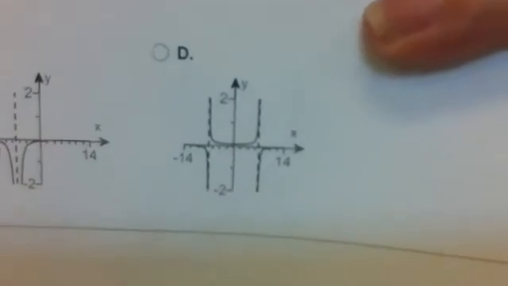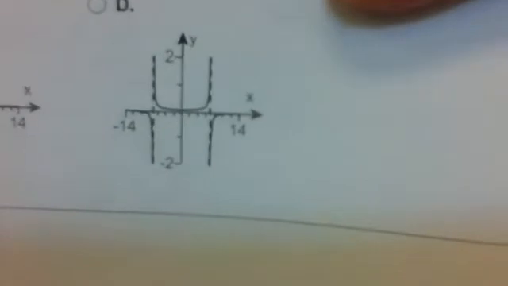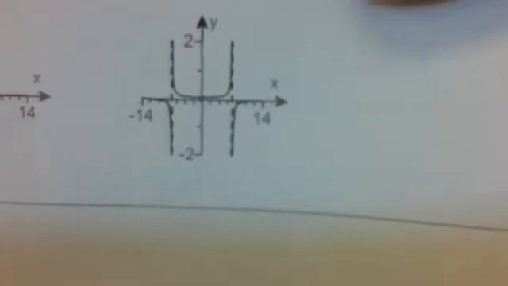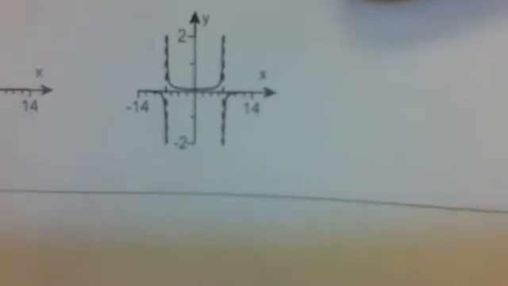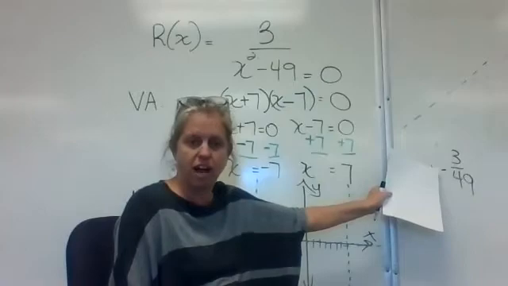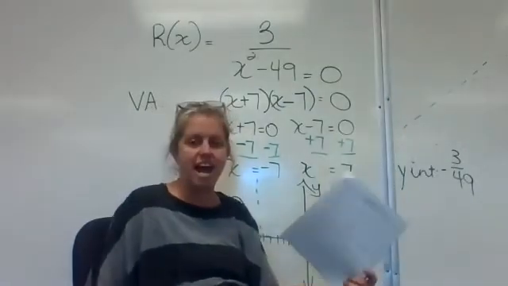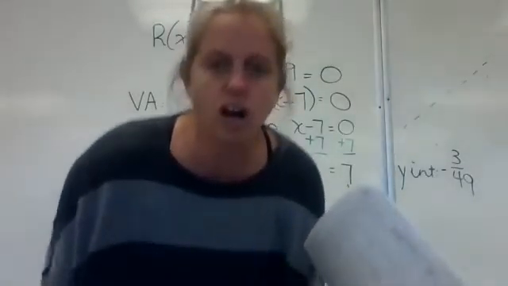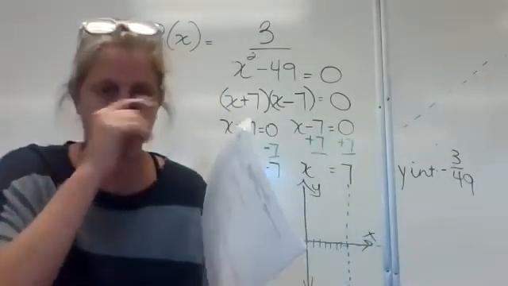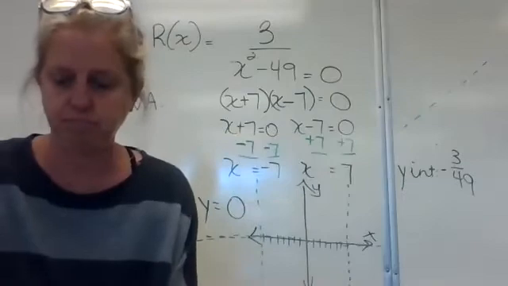A little above the origin. I don't know what it is, but that's definitely crossing the y-axis above 0, which means it can't be crossing at -3/49. That's why I chose the A one, because it was crossing the y-axis below the origin, which means it was negative.